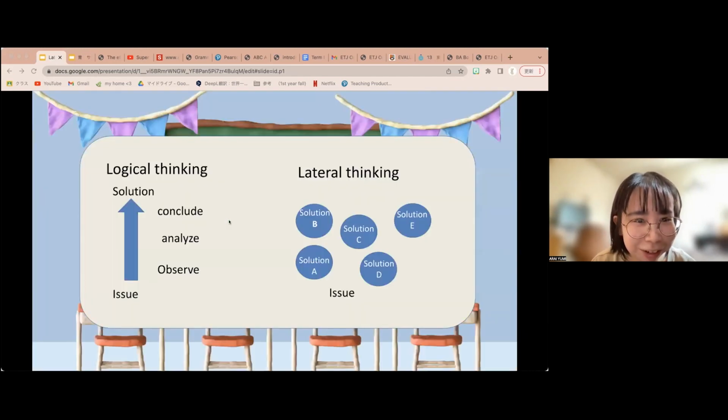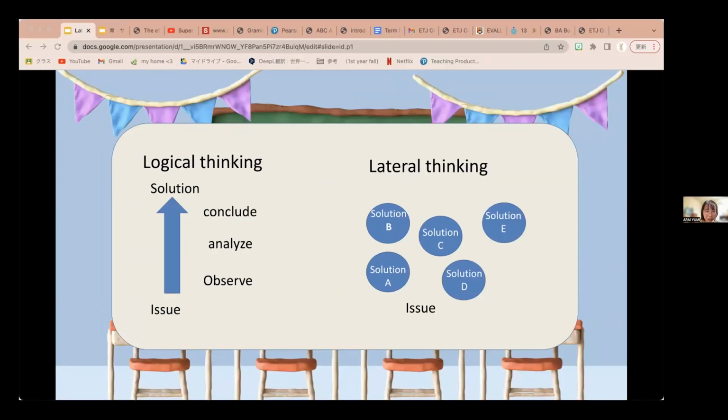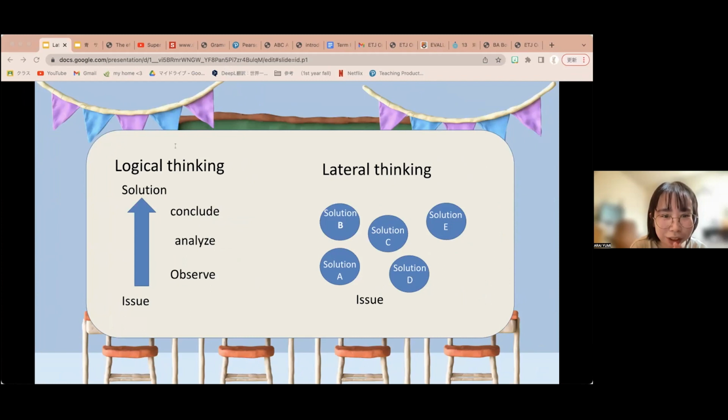So what is lateral thinking? It's one of the ways of thinking. Unlike logical thinking, lateral thinking requires creativity to solve problems indirectly. What I mean here is that it does not follow a linear step.